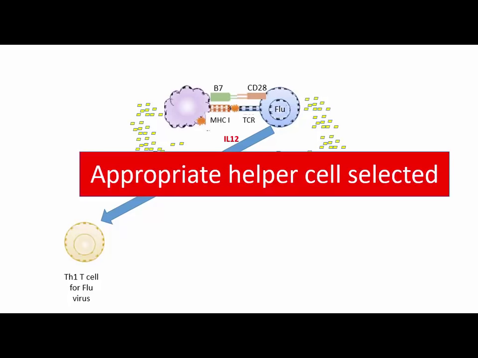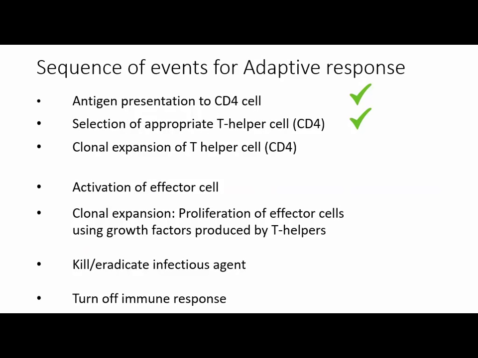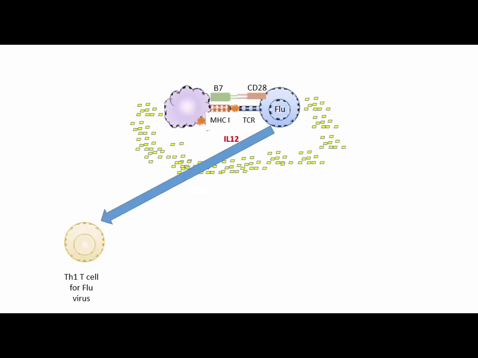So the appropriate helper cell has been selected. Now, we have one CD4 T cell that has differentiated into a Th1 cell that is able to recognize the flu virus. Now the problem we have is there's only one of it.